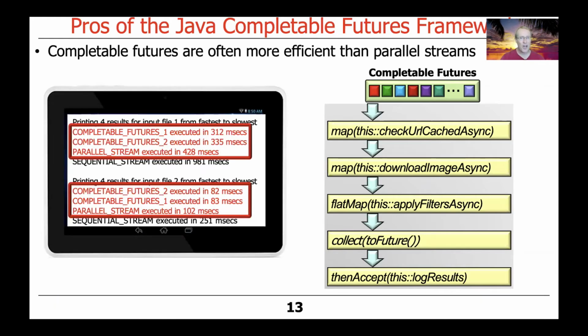Now, as we saw, completable futures are a bit more complicated to program than, say, parallel streams. So there's got to be a reason for using them. And the main reason is that they're often more efficient and more scalable.